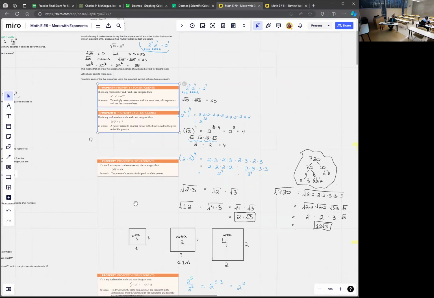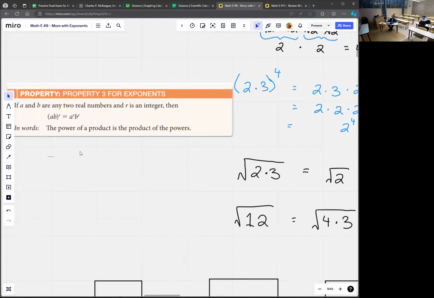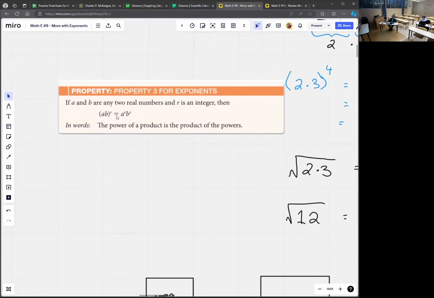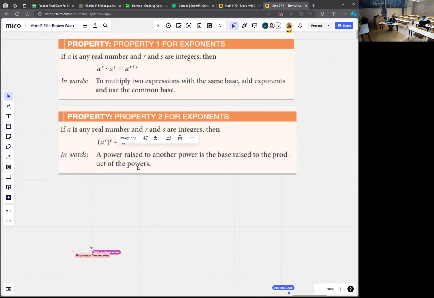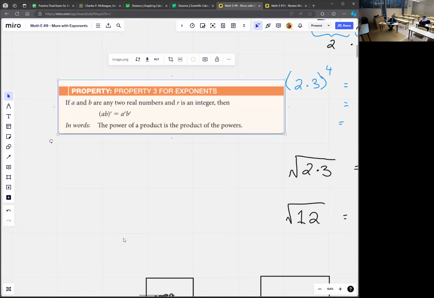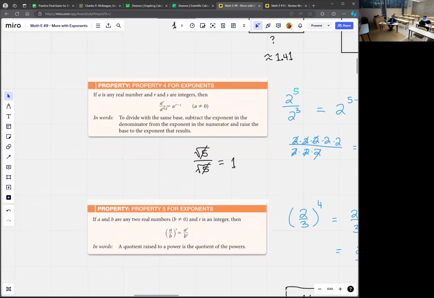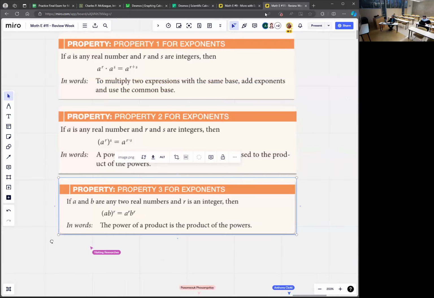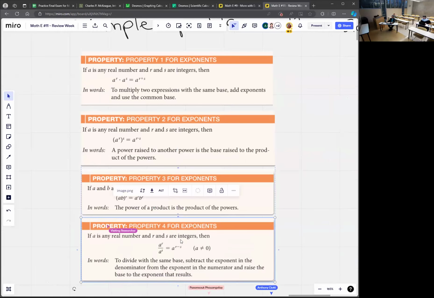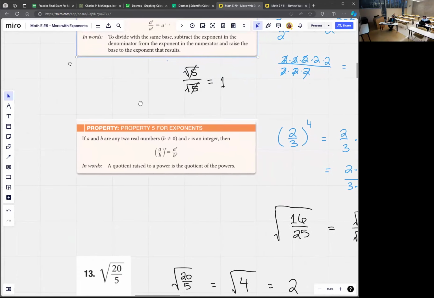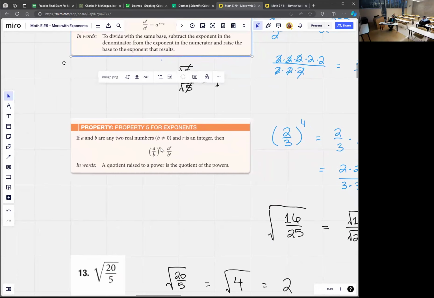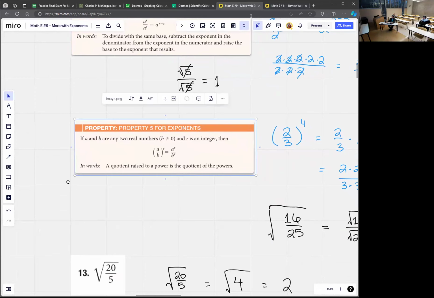The other ones were that if they're inside parentheses, you can spread out the exponent to each of them. If they're a fraction, that's subtraction, because that's the opposite of multiplying them, which was adding them. And if they're together with an exponent, then you apply the exponent to each of them separately, just a different version of the one we saw above.